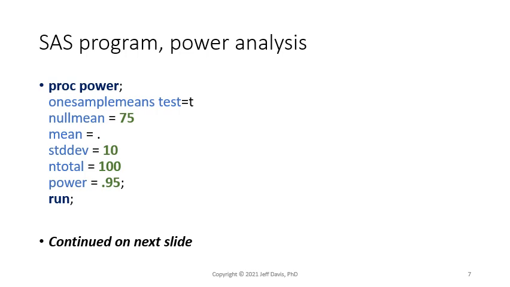So we're looking at the t-test. It says one sample means, and then for the test, there are a lot of different tests you can run, we want it to run a t-test. So we simply put t there.